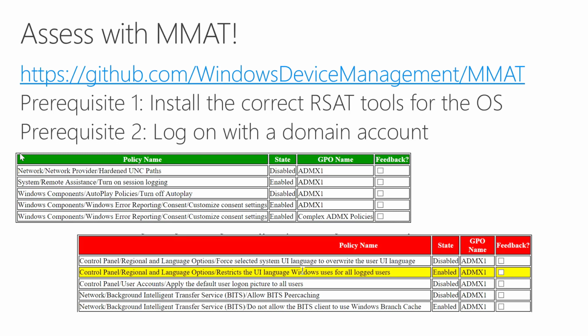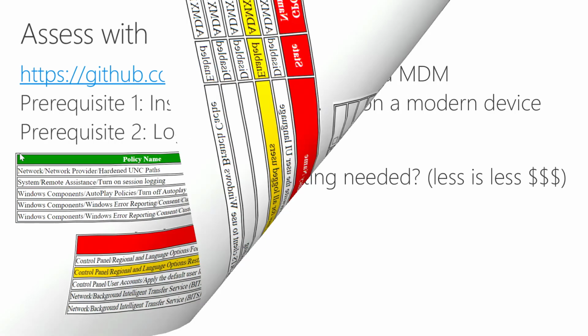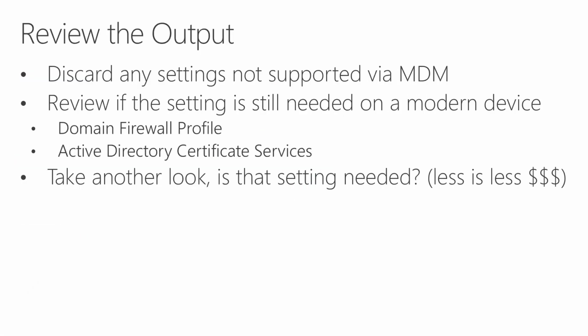And you also need to log into the machine with a domain account. This ensures that the user group policy objects and the machine group policy objects are being targeted, as well as the user having enough access to actually audit the settings that are hitting the device so that you can produce this output below.